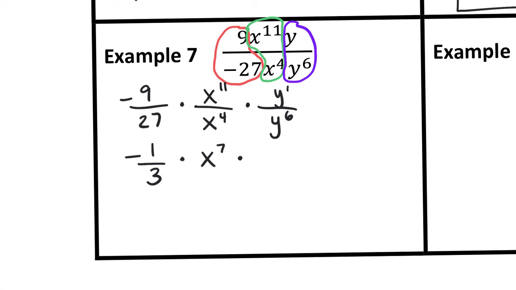Because there's 6 down here and 1 up here. So what's 1 minus 6? Or what's 6 minus 1? That's 5. But I'm going to be left with y to the fifth on the bottom and a 1 on top.